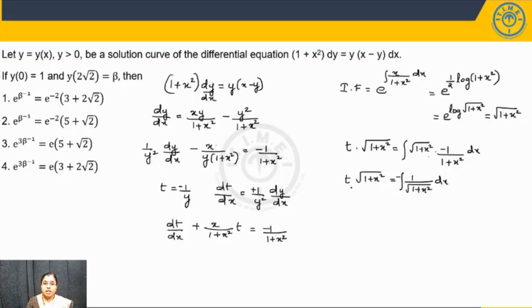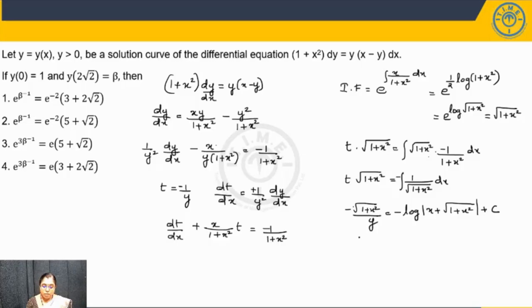Now what is t? t is −1/y. So −√(1 + x²)/y = −log(x + √(1 + x²)) + c.